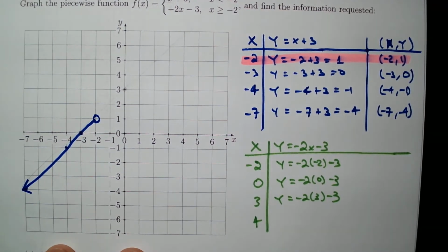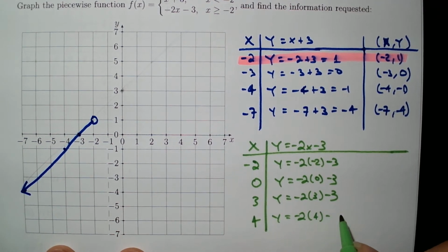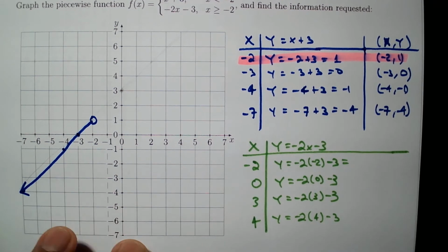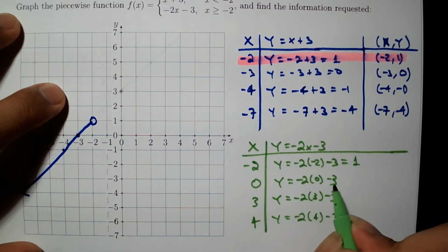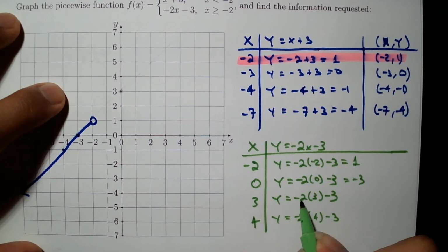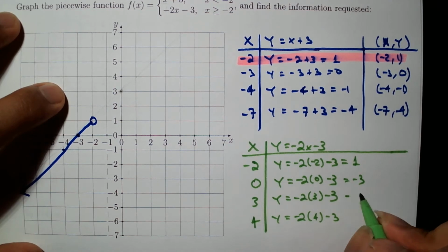And y equals negative 2 times 4 minus 3. Simplifying these, we get negative times a negative is positive. 4 minus 3, that's 1. 0 minus 3 is negative 3. Negative 2 times 3, that's negative 6. Minus 3, that's negative 9.